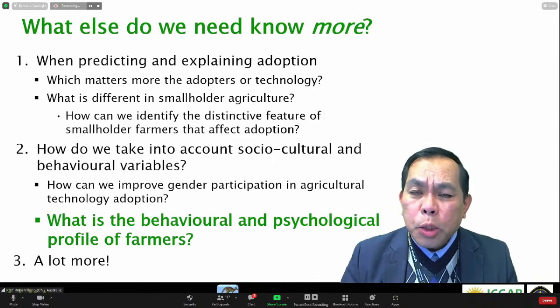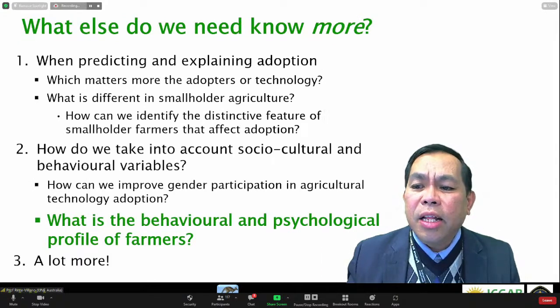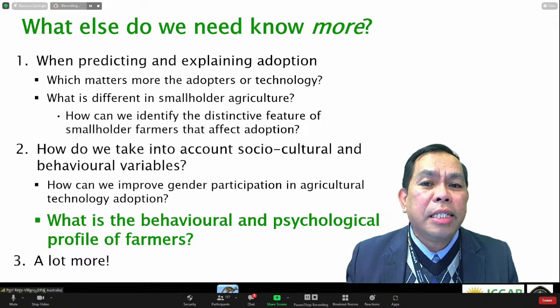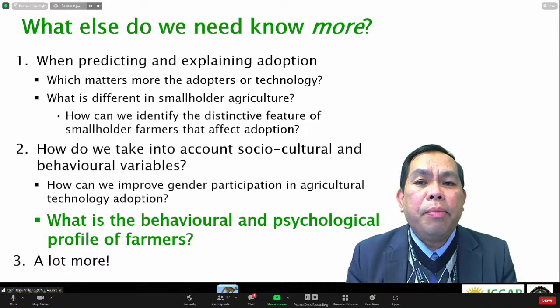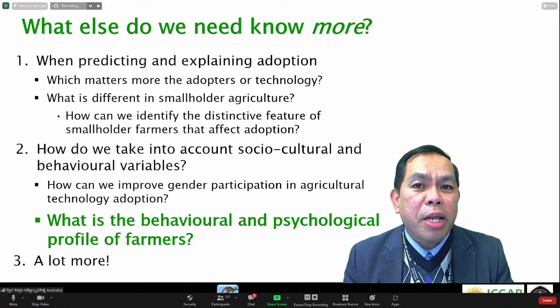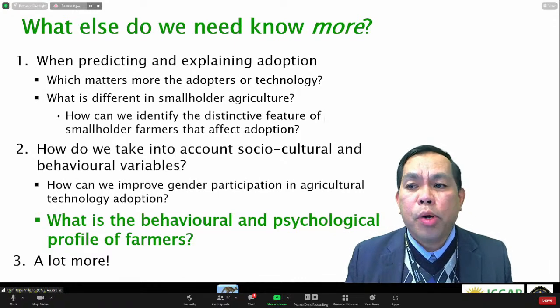All right. Despite what we have in the literature, there is still a lot that we can do, and a lot that we can add in understanding those behavior and decision-making processes.